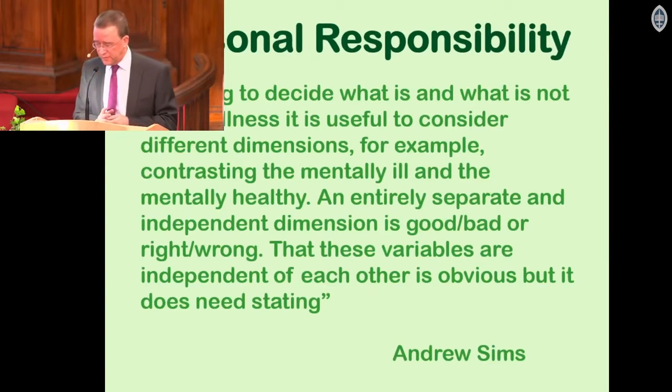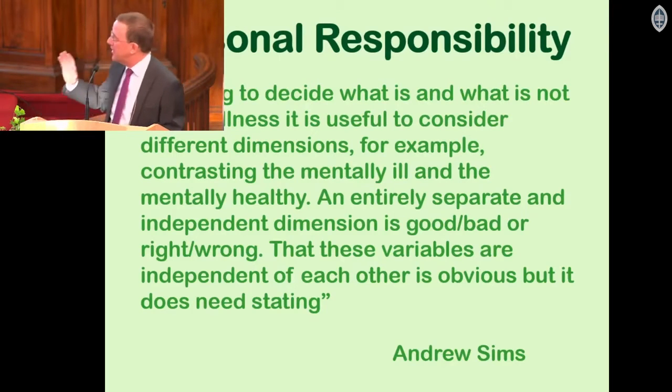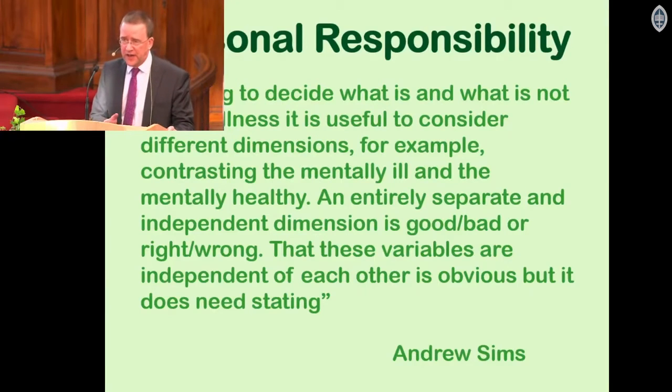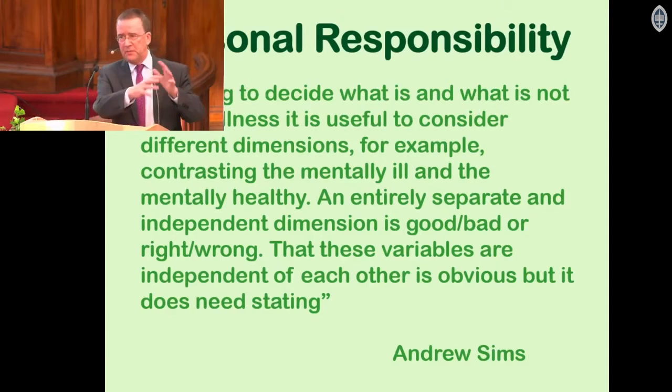Okay, so somebody asked before about personal responsibility. Of course I've left this till I've only got 1 minute left. So Andrew Sims was a Christian psychiatrist, president of the Royal College some years ago. He said, in trying to decide what is and what is not mental illness, it's useful to consider different dimensions. For example, contrasting the mentally ill and the mentally healthy. So that's what I was doing before. What do we mean by mental illness?